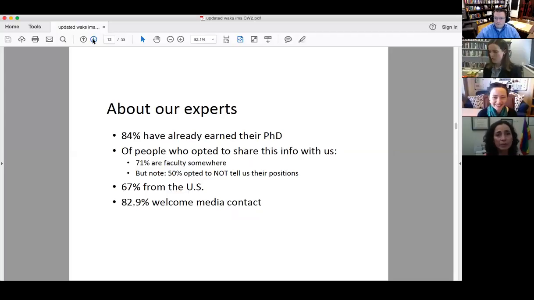Not everybody tells us all of the information about them. We'll note that the profiles aren't always 100% complete. And just like when you vote, you don't have to vote the full ballot. You can skip stuff if you want to. When you fill out a profile on Women Also Know Stuff, you can choose to not tell us everything. And so you can choose not to tell us what your position is. And that's fine.